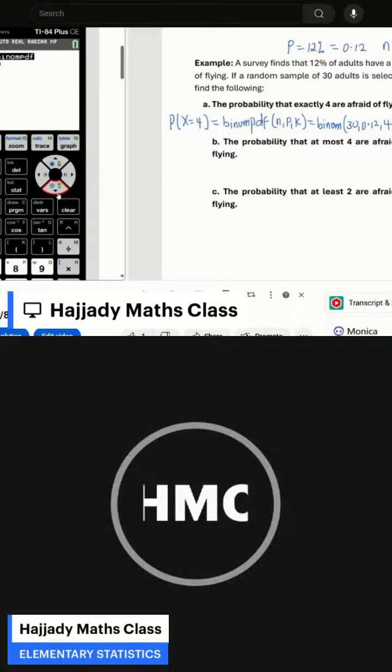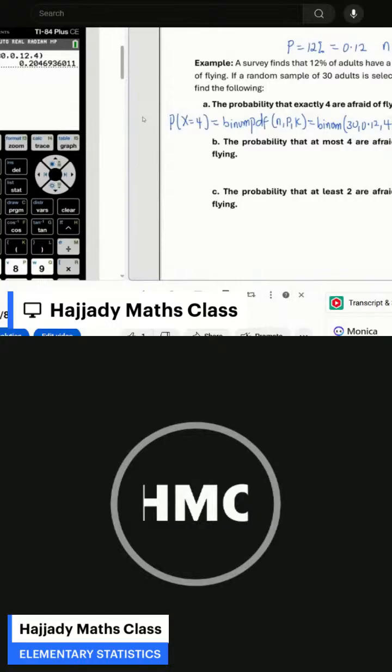And also we have the P, the probability of success, which is 0.12. And we have the X value, which in this case is 4. Paste. So this is binomPDF of N, P, K, and you can click on enter. So the probability is 0.2047 approximately.